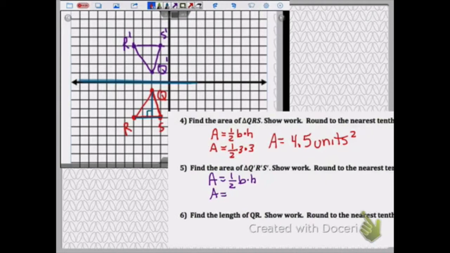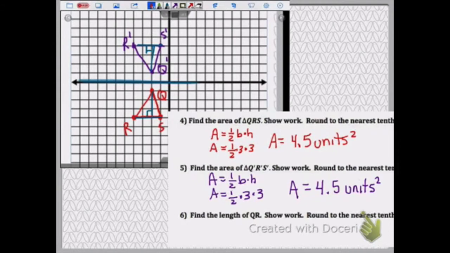The base is not the bottom of the triangle in this case. The base and the height always meet at a right angle. So again, the base is 3 and the height is 3. This makes sense because, as we said in the beginning, reflections do not change the shape or size. So the area of the image should be the same as the area of the original, 4.5 units squared.